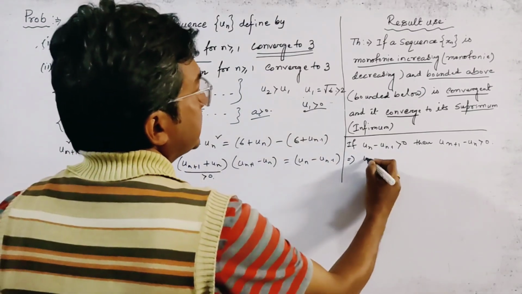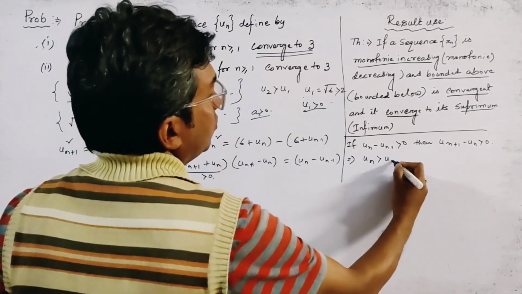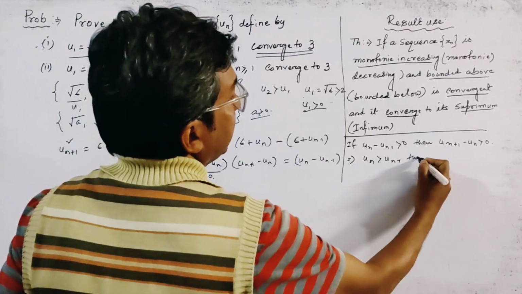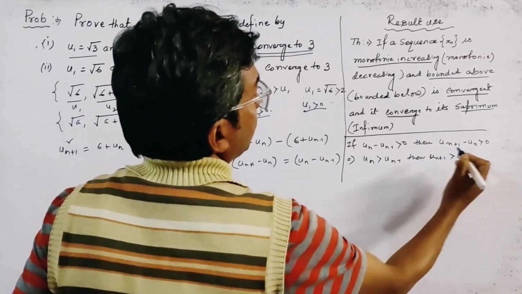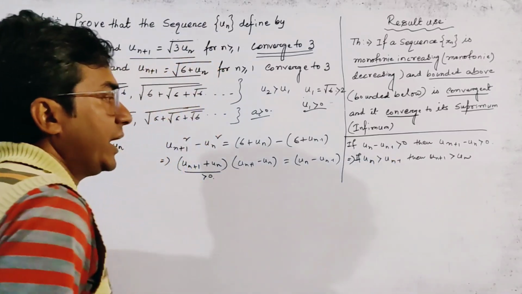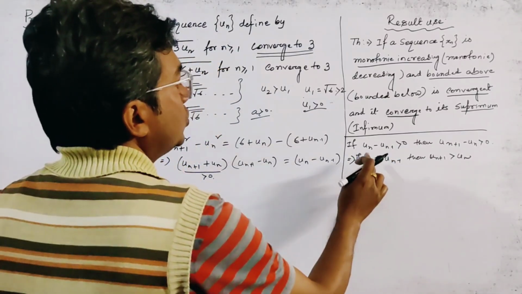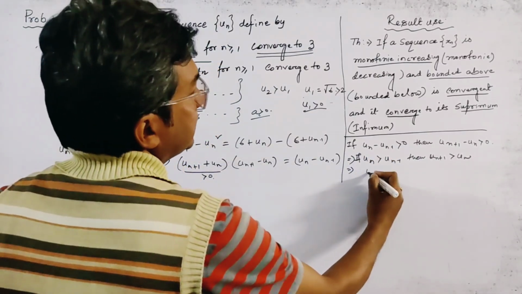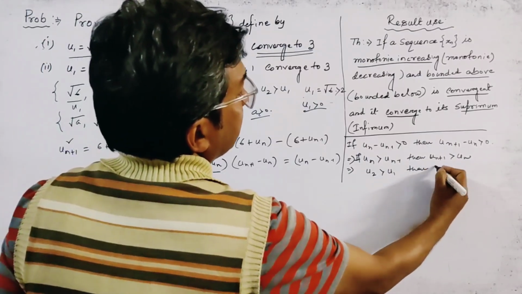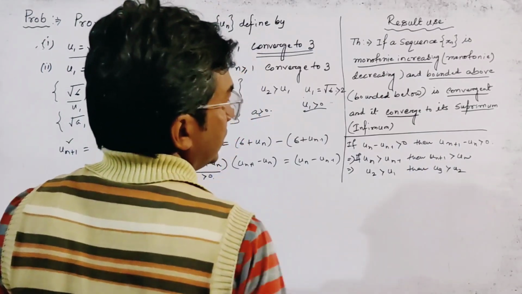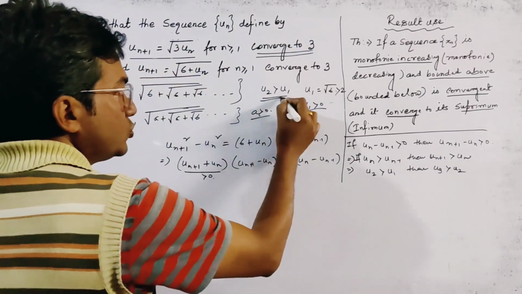That is, if un is greater than un minus 1, then un plus 1 is greater than un. If we put n equal to 2, we get u2 greater than u1, then u3 greater than u2, and we already have this true relation.